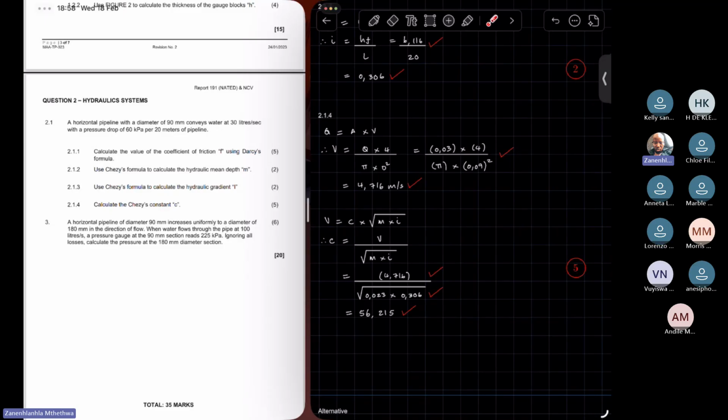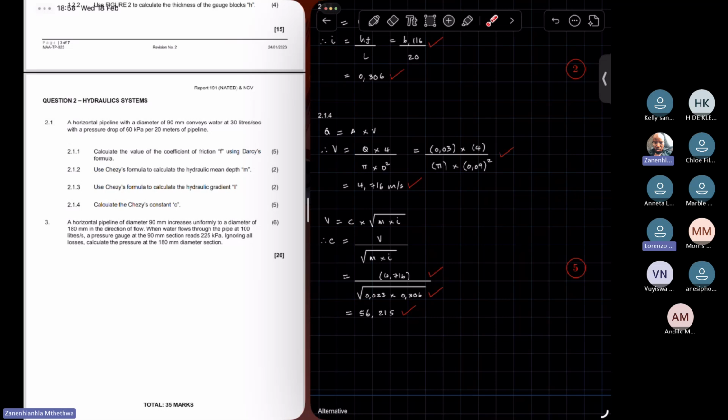Yes. I just need to ask, sir, in 2.1.1 for F, I rounded off and I got 0.006. I substituted that answer into 2.1.4.